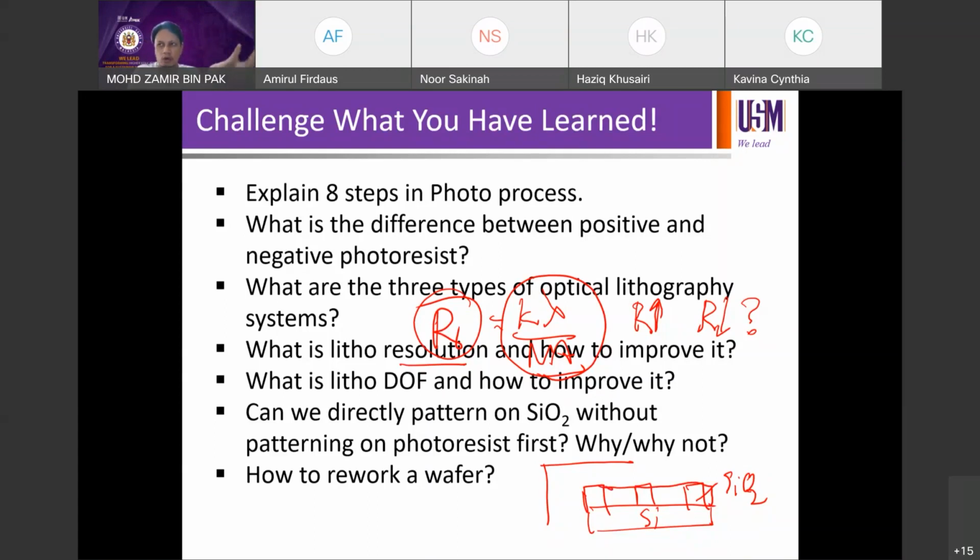So you will trigger no reaction at all in the SiO2, and as a result, when you develop, you will be left with the whole SiO2, just like the way you started, because it doesn't react to any light exposure. On the other hand, if you have resist on, let's recap a bit.